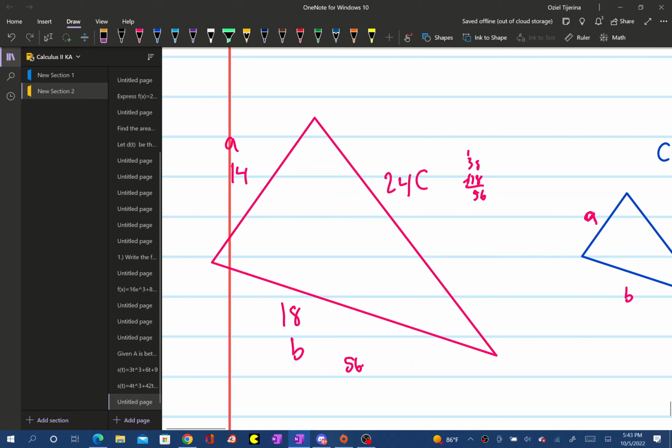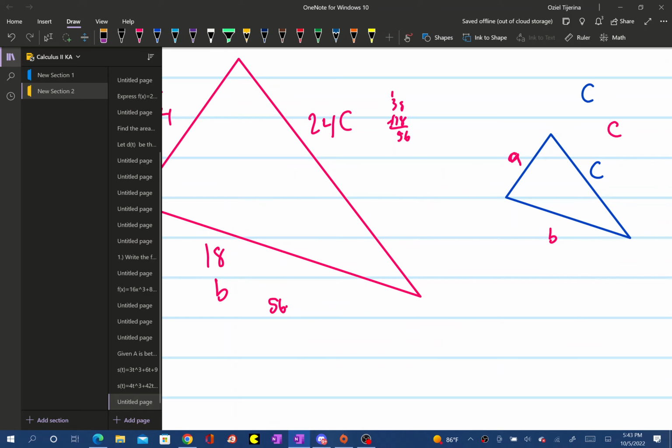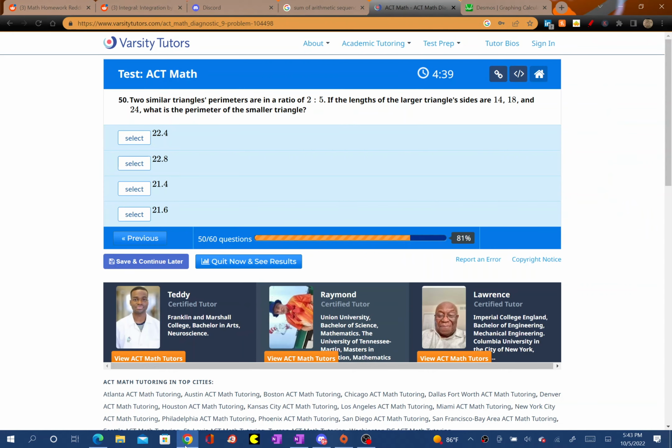Hold on, guys. So A, B, and C. Okay. And they're saying that the perimeter of the smaller, so what's the perimeter of the smaller triangle?